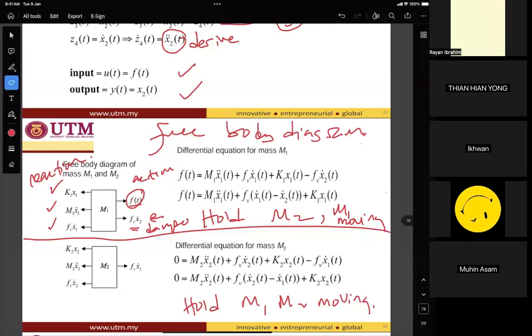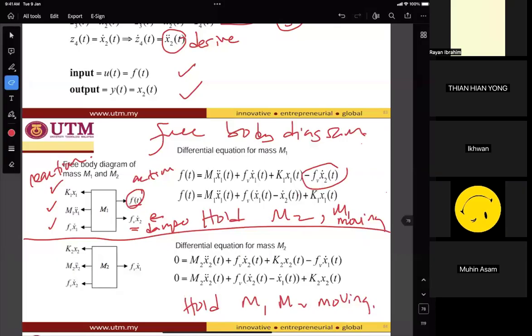So Ft is equal to M1 x1 double dot plus Fv x1 dot plus Q1 xt. And this one is originally from the left. Since we want Ft as the title of the formula, we move the damper force to the right and it becomes negative.